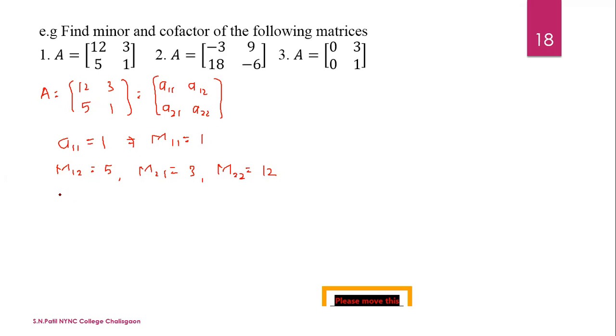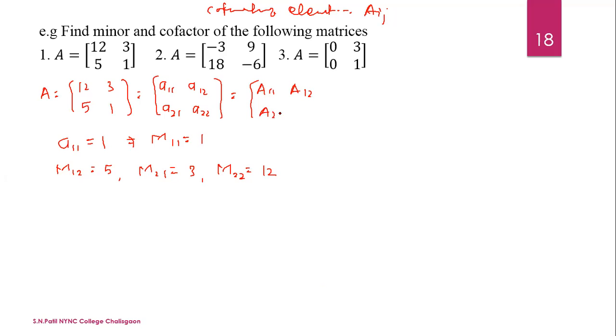What is the definition? Cofactor we denote by Aij. So we write here the matrix A11, A12, A21, A22, okay, that is A, and Aij is equal to minus 1 raised to i plus j into Mij.